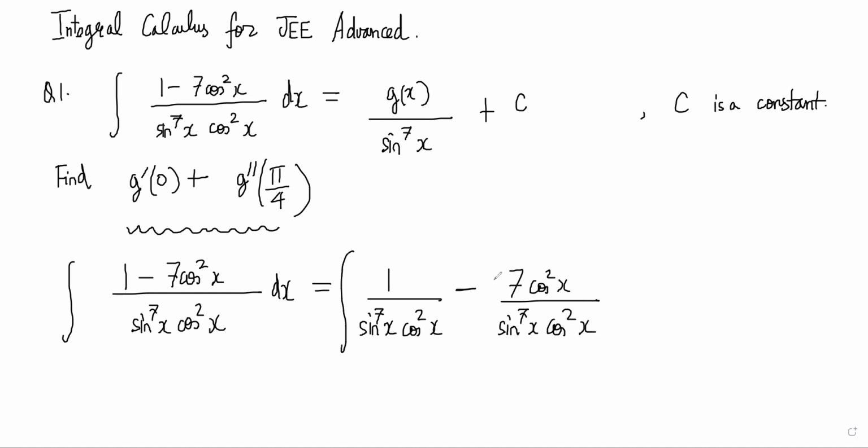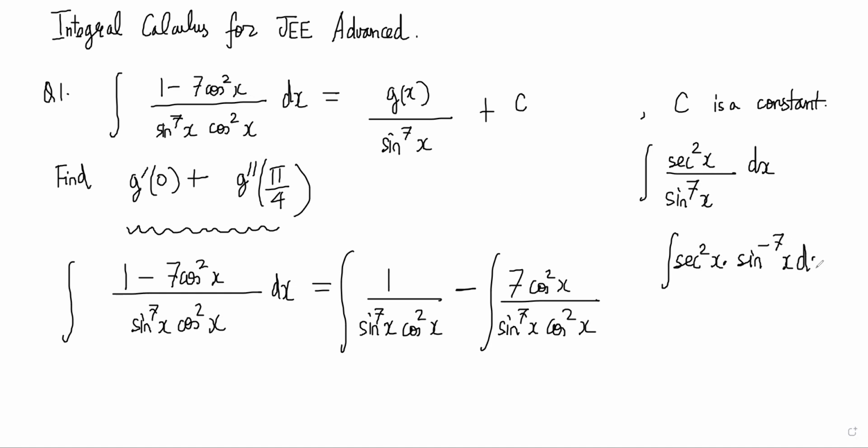These are two different integrals now for us. The first integral is integral of sec square x by sine power 7x, so we can write it like this: sec square x multiplied by sine power minus 7x dx. This is your I1.